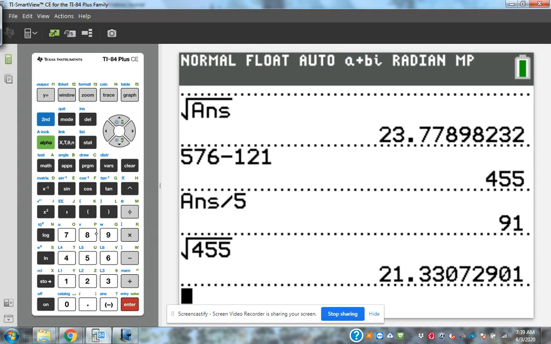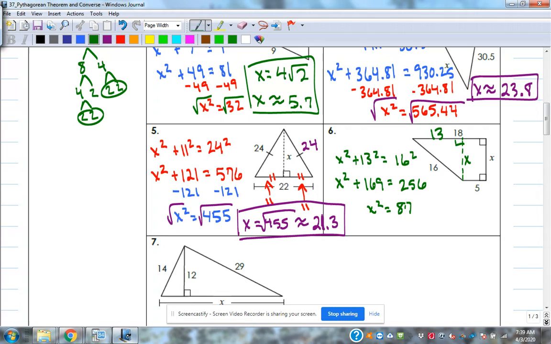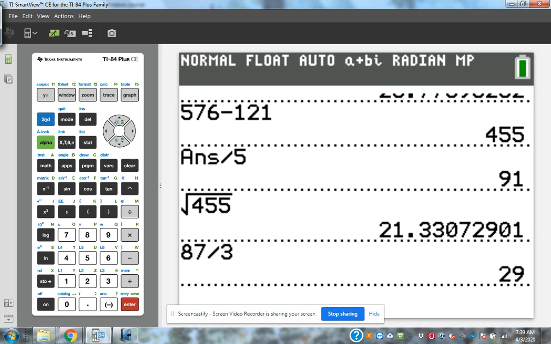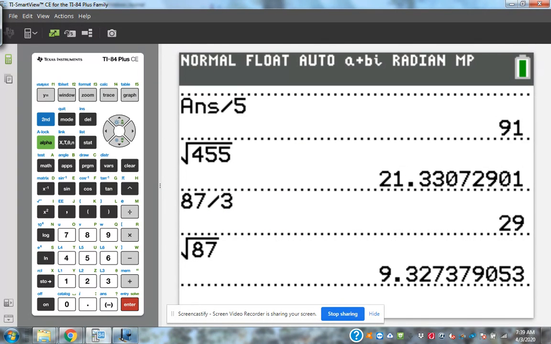Well, I know 87 is divisible by 3 times 29, and 29 is prime, so that's not going to break down any. So we take the square root of each side. x is equal to the square root of 87, and an approximation for that is 9.3.